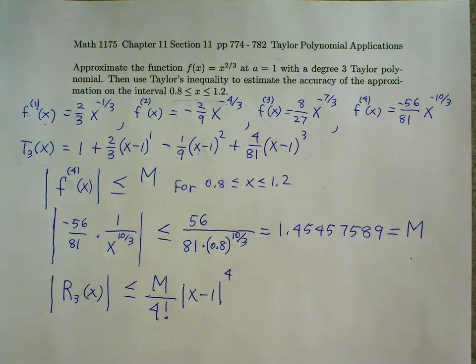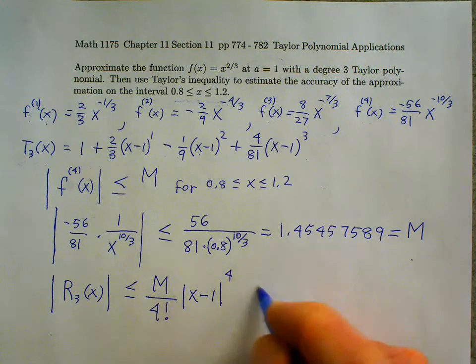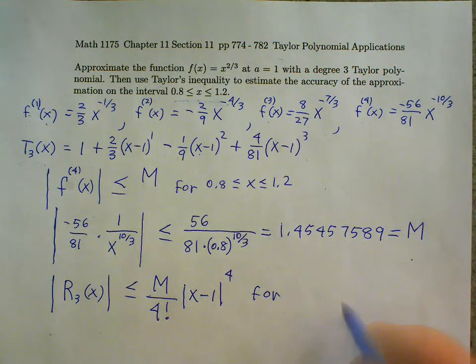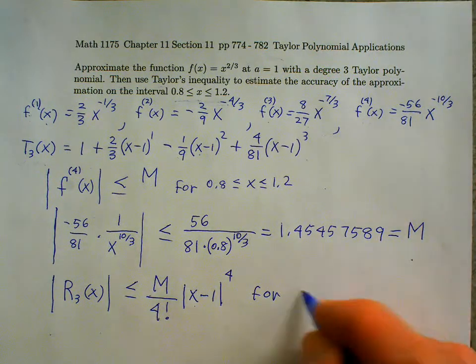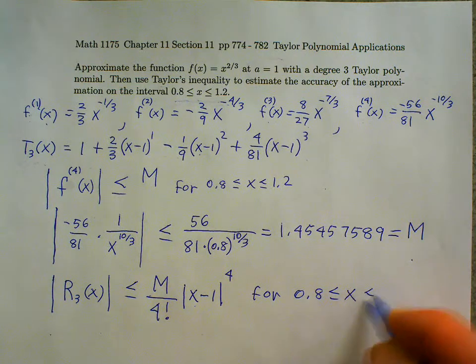This is what Taylor's inequality applied to this particular case would look like, and we also specify where the values of x come from. x is between 0.8 and 1.2.